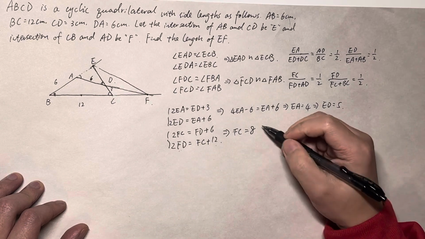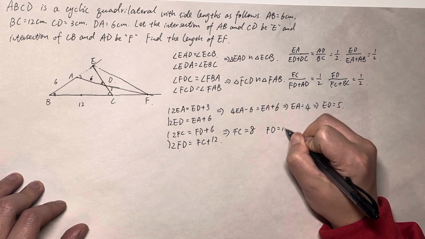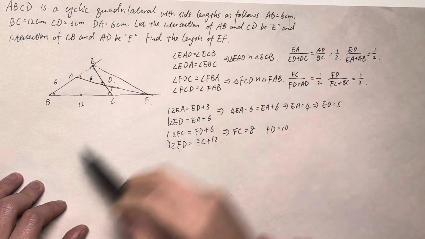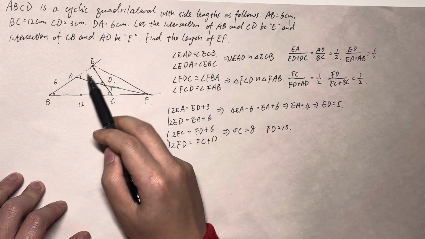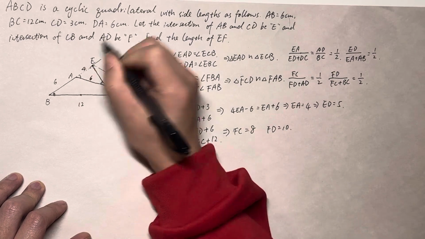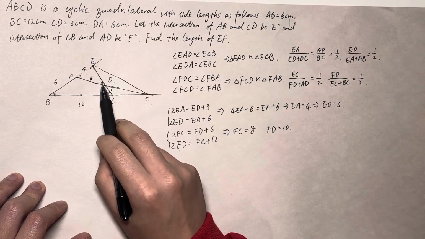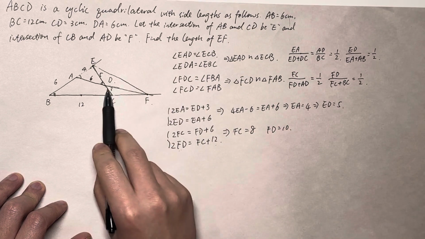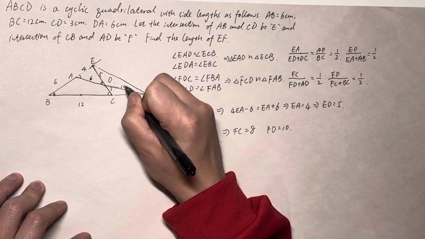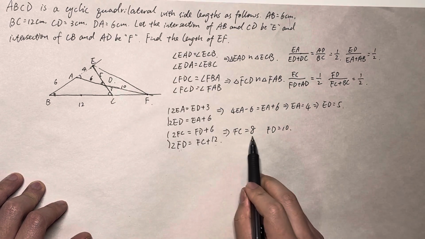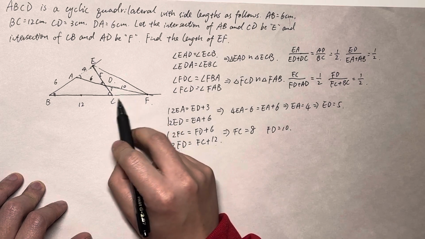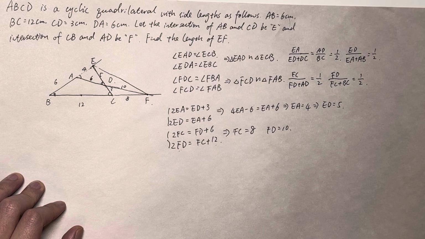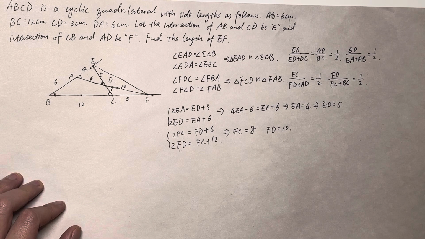ED is 5, so FD equals 10, right? So let's see. AE is 4, and ED is 5, right? DF is 10. And FC is 8, right?